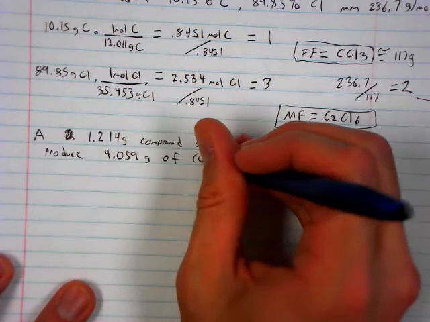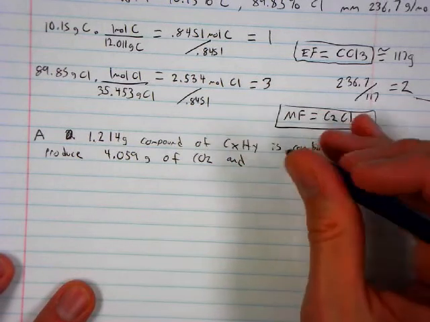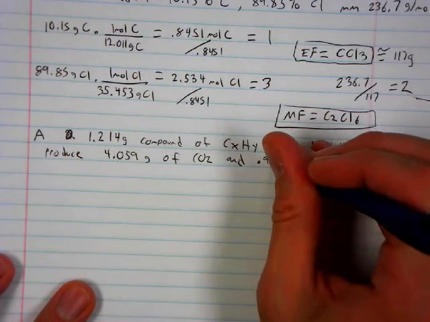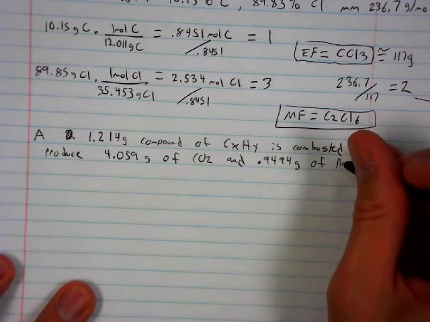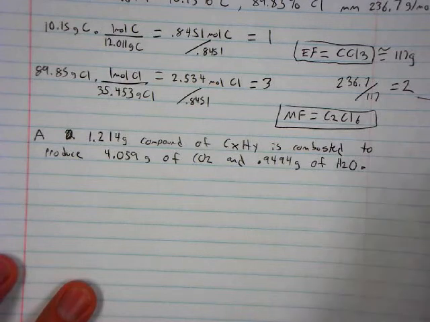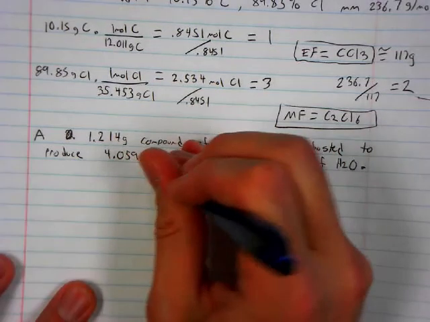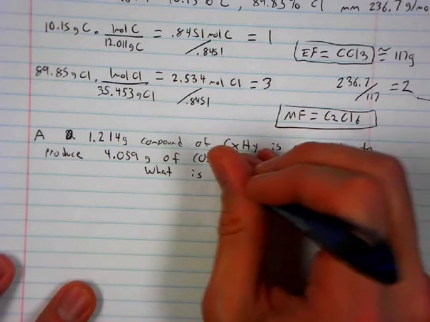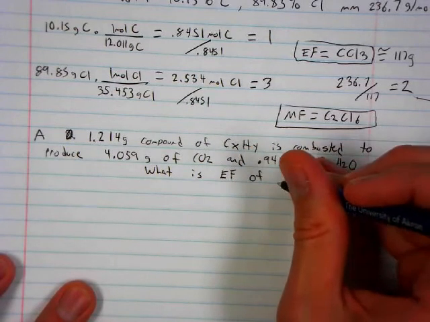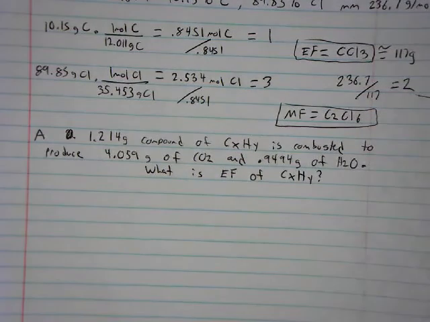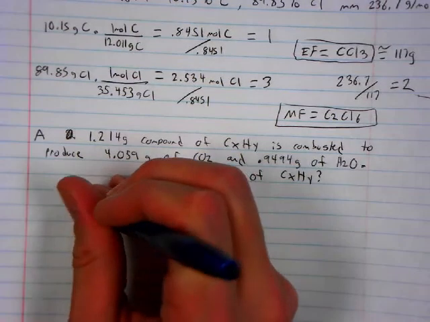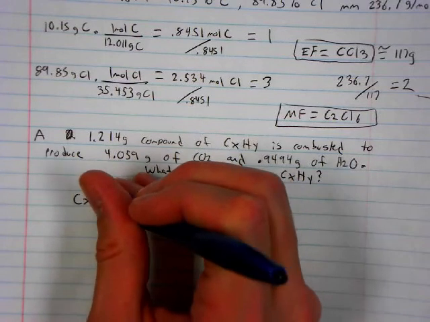Is combusted to produce 4.059 grams of CO2 and 0.9494 grams of H2O. What is the empirical formula of CXHY?